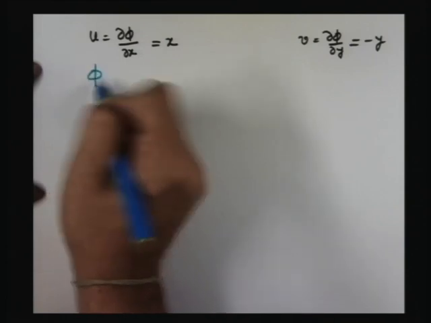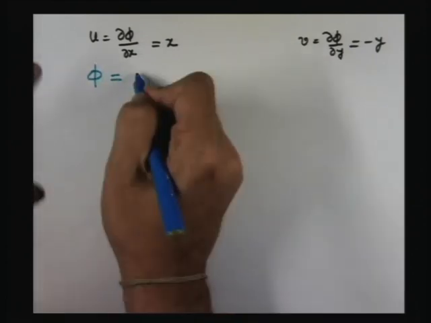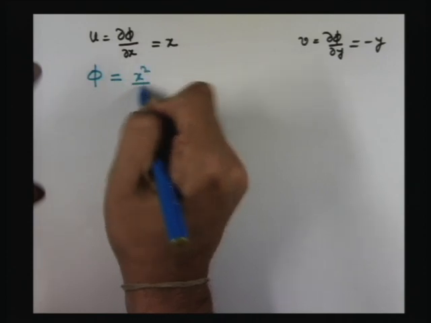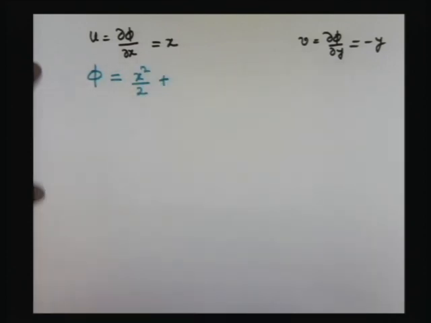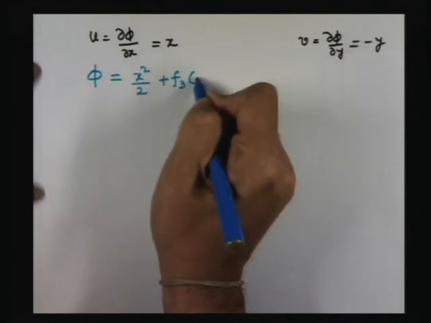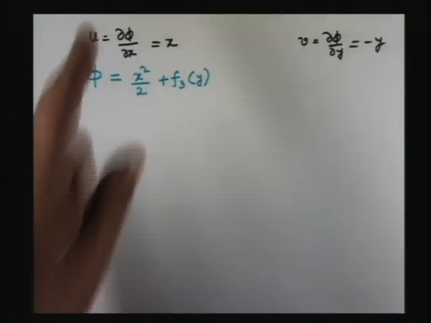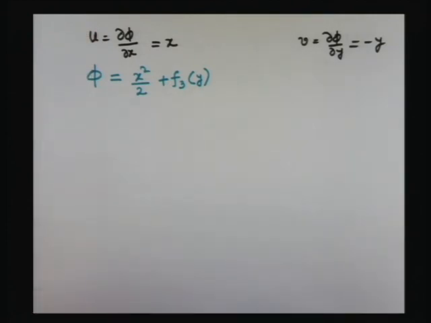So if you integrate this partially with respect to x, then phi is equal to x square by 2 plus function of y, not c, because this is partial integration with respect to x. When you are integrating with respect to x, function of y is like a constant.